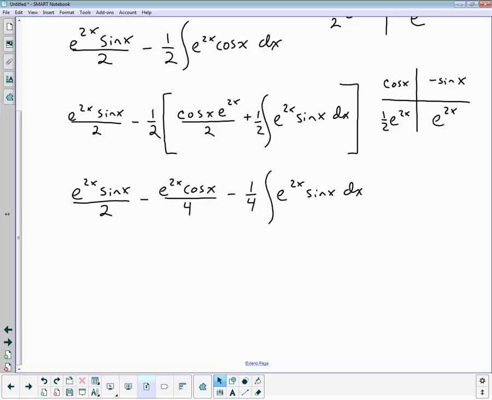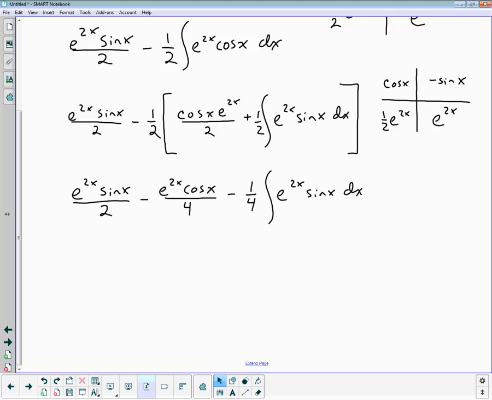This integral is equal to those two terms. This is equal to those two terms.